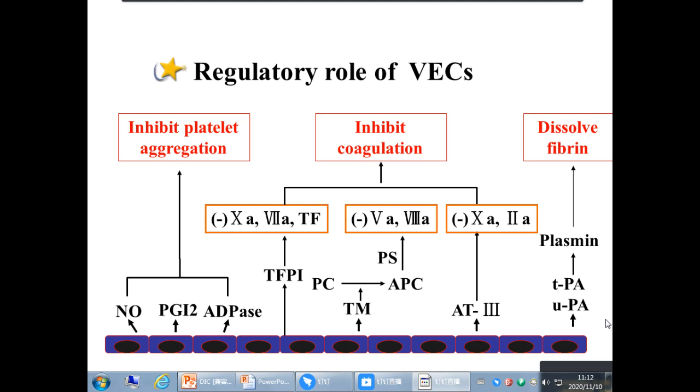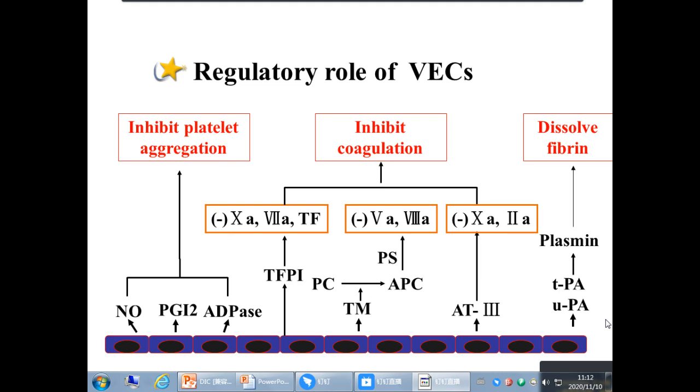Understand? Now, when VEC is damaged, what is exposed? Collagen is exposed, so it stimulates coagulation factor 12 and the intrinsic coagulation pathway. So we know VEC damage leads to DIC.